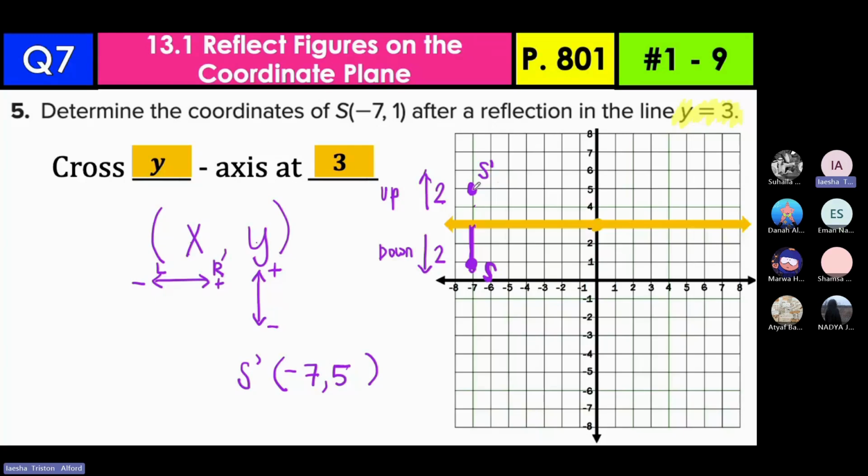This point, where is it? You go 7 left and up 5. Do you know how we put S prime here? No. You have to count from the line. It has to be the same distance from the line for you to get a proper reflection. Oh, okay, I understand.